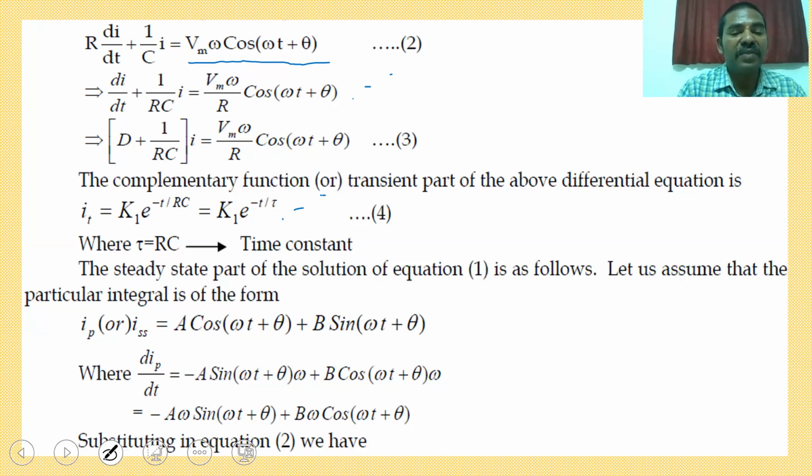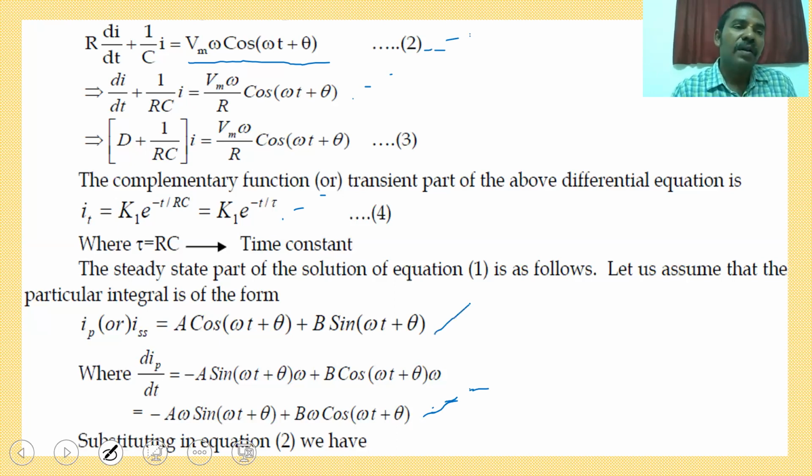If you differentiate with respect to t, d i P by dt is equal to minus A omega sin(omega t plus theta) plus B omega cos(omega t plus theta). Now we are substituting this current value in equation 2, for di by dt and i also.